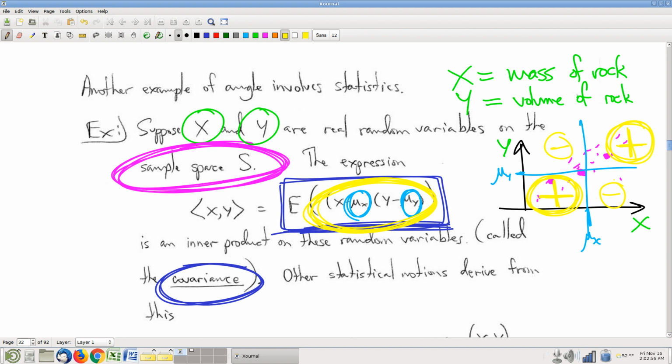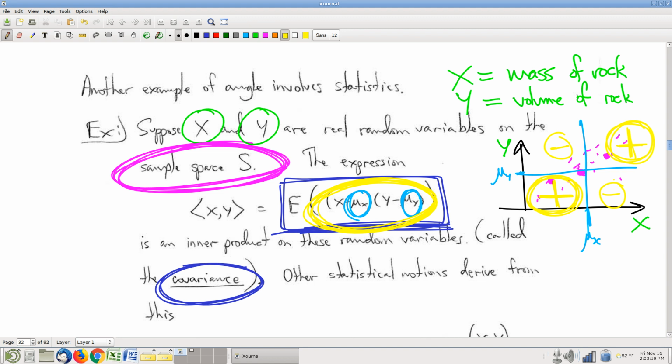Look at our odd little lump of iron. It's got a bigger than average mass, but a smaller than average volume. So, positive times negative. Some of these terms will be negative, but just because of the way mass and volume tend to correlate, there are a bunch of positive terms here.